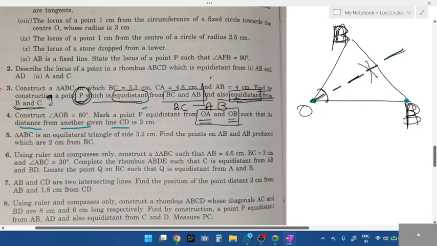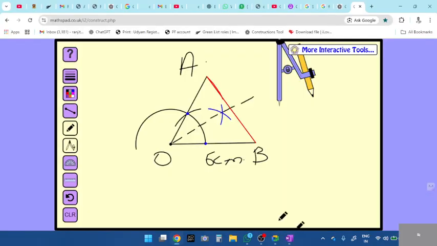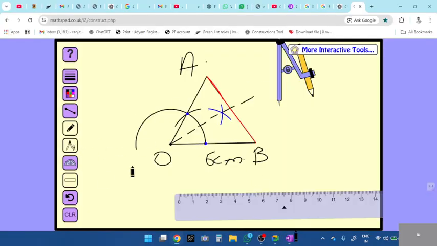Okay, you can choose any one base. Shall we take OB? So from OB draw a parallel line, students. From OB draw a line which is 3 centimeters. Cut it like this. Look here. From OB, take the scale. It should be 3 centimeters.